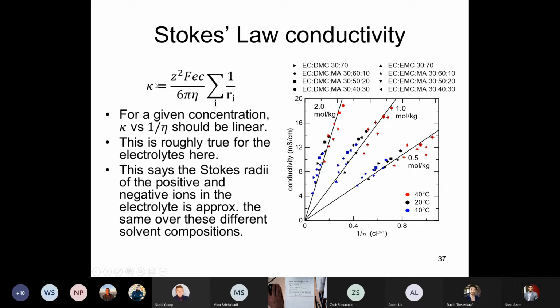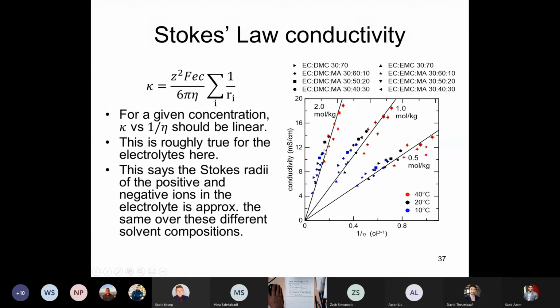So if you plot conductivity versus 1 over viscosity, you should get a straight line at a fixed concentration. For a fixed concentration, say 2 molar, you plot conductivity versus 1 over viscosity, and sure enough, a straight line for all these different solvent blends.